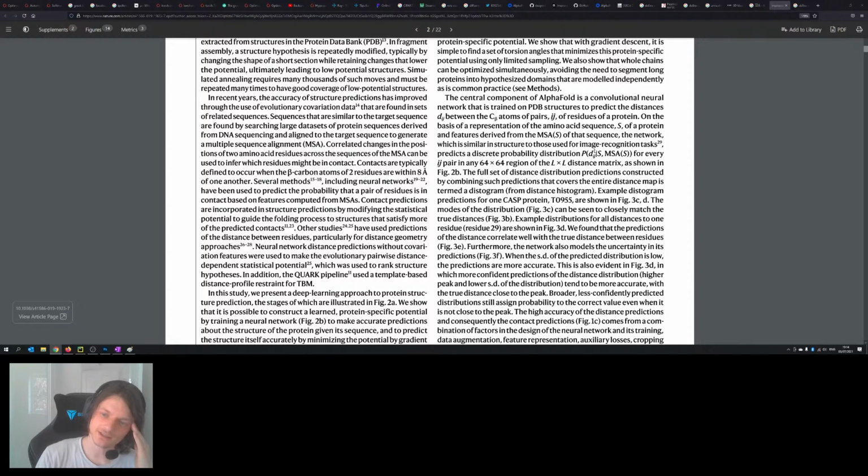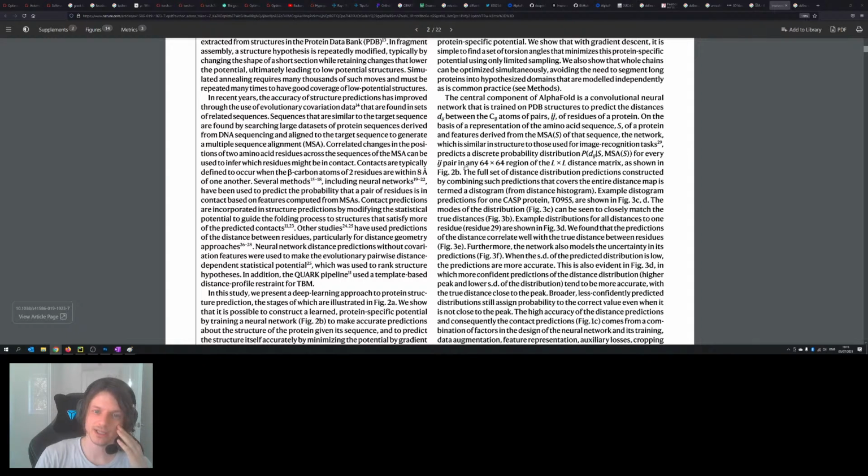The probability of the distance given this amino acid sequence and MSAs, multiple sequence alignment. So the probability of the distance given the sequence and the multiple sequence alignment of S.